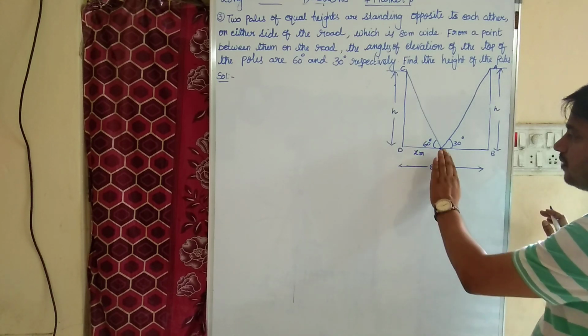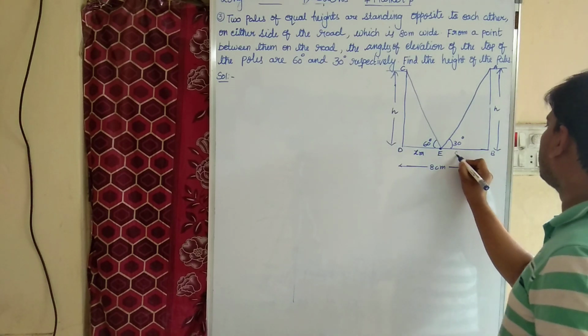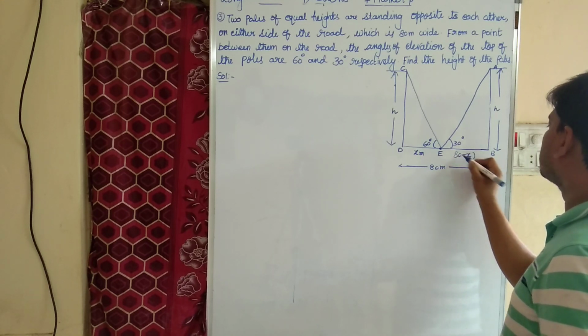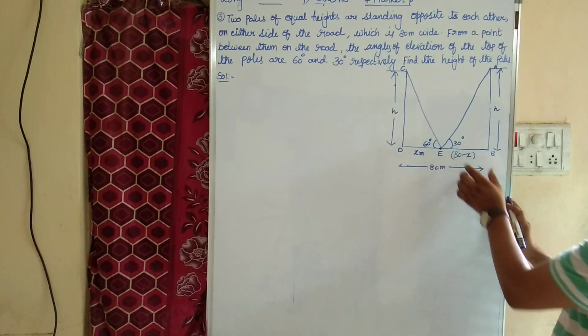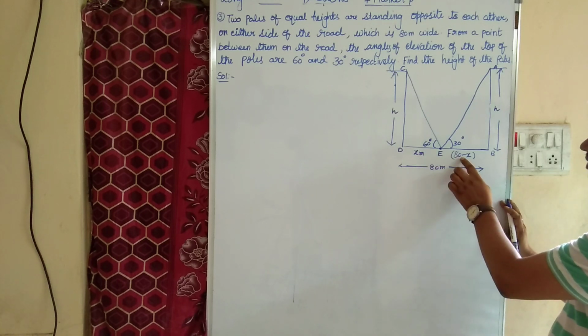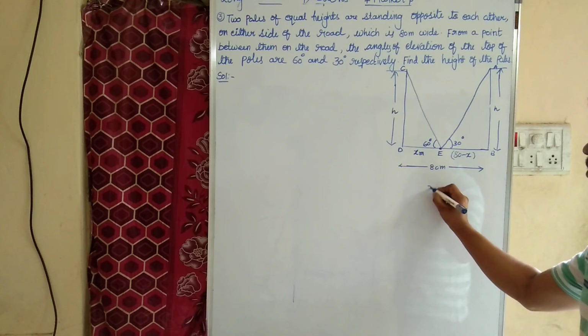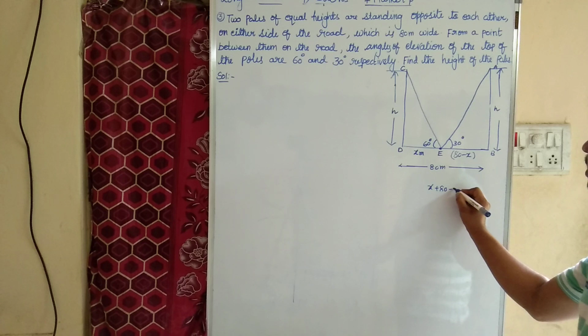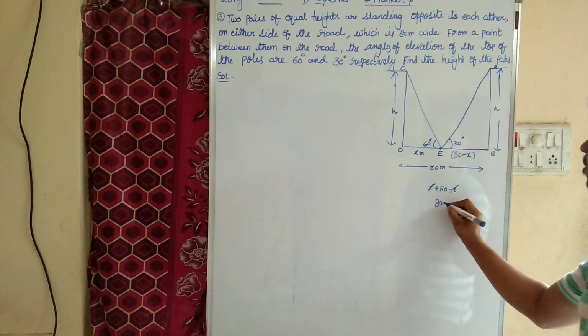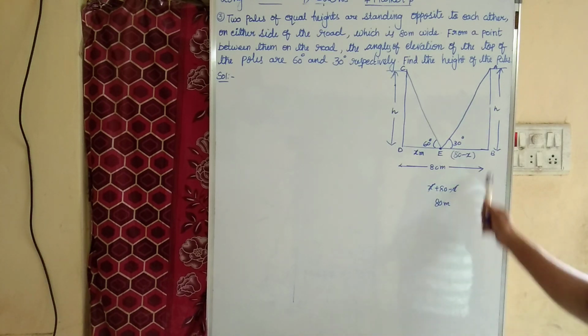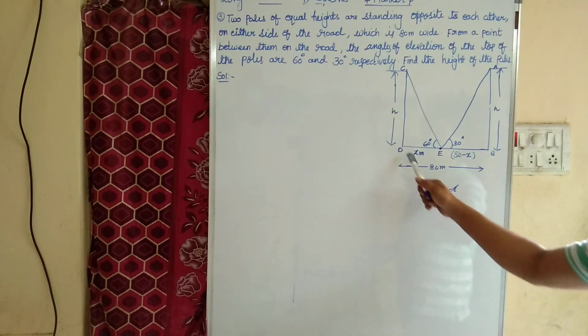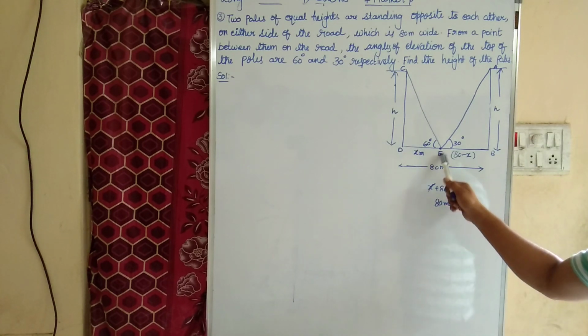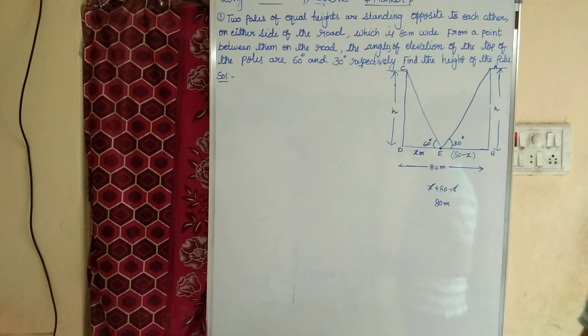If from 80 I remove x meters, I will get BE. If it is x, then this will be 80 minus x. If we add x plus 80 minus x, the x cancels, and again we get 80, the total length of BD. If the length of DE is x meters, then BE is 80 minus x, right? Yes.